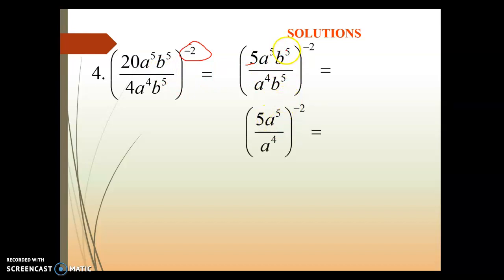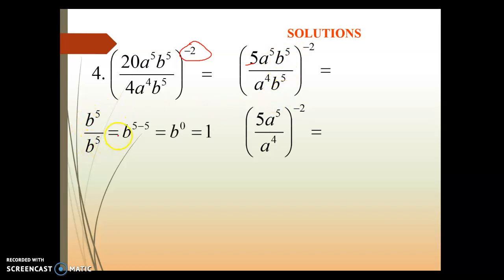And then, sir, why is B gone now? Now take note, if you still remember the zero law of exponent, if the numerator is the same as the denominator, it will equal 1, right?